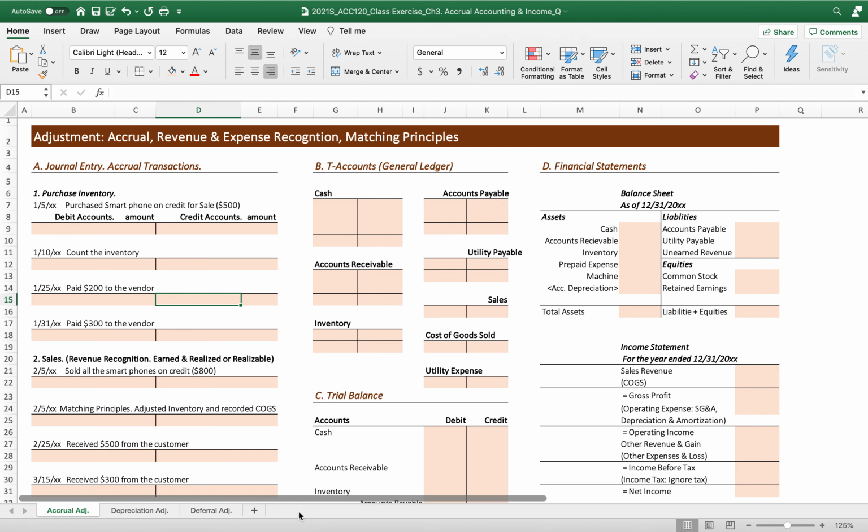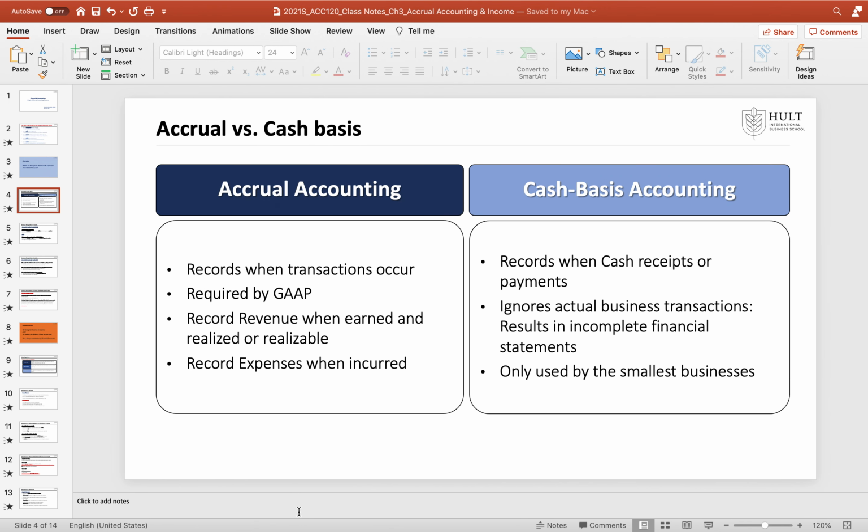For this video clip, we are going to practice how to record accrual basis accounting for revenue and expense recognition with the matching principle. As we already discussed in class, accrual accounting records transactions when they occur. It is required by generally accepted accounting principles.